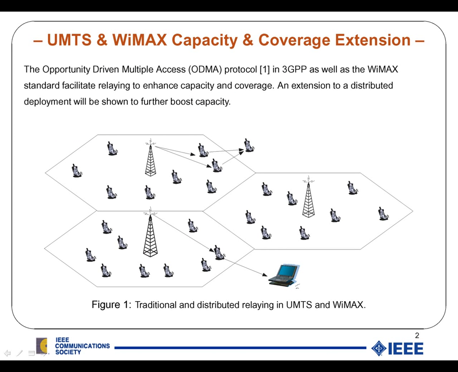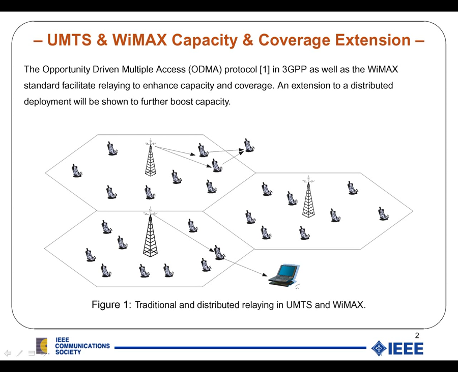Before I start the tutorial, let me expose you to a few application scenarios of the distributed cooperative topologies, one of them being the UMTS or alternatively WiMAX capacity and coverage extension. Imagine a cellular rollout with base stations covering a large part of the country and a few mobile terminals scattered all over that coverage area.